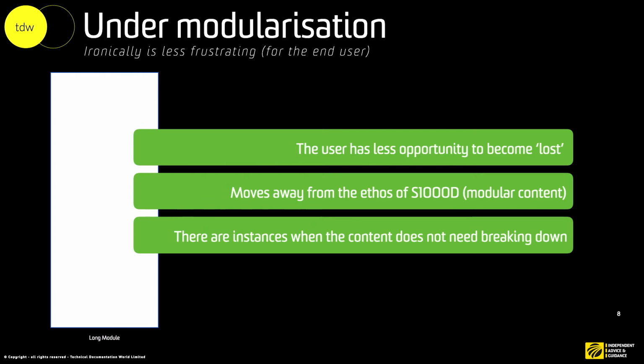But it does move us away from the ethos of modular content. In this context, we're talking S1000D, but we could be talking other methodologies. But there are instances where there's no point in breaking it down, because it's a single piece of information that's not referenced, it's not used anywhere else. It'll never be updated. We don't need to configure it. And it just makes sense to throw it in a module.